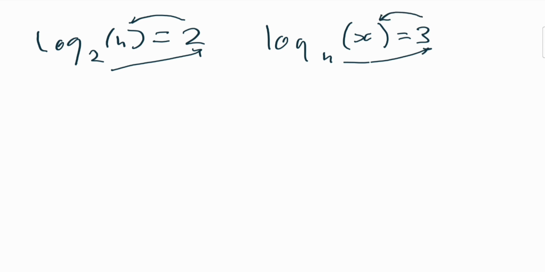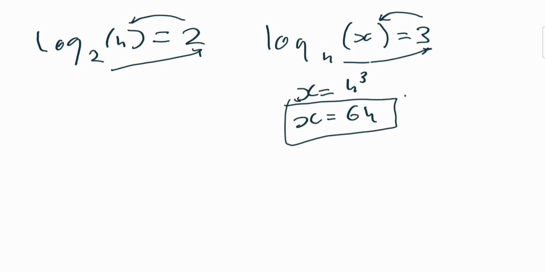If it's like this, it means that 4 to the power of 3 equals x. So what does x equal? x is going to equal 4 to the power of 3, which means that x is equal to 64.